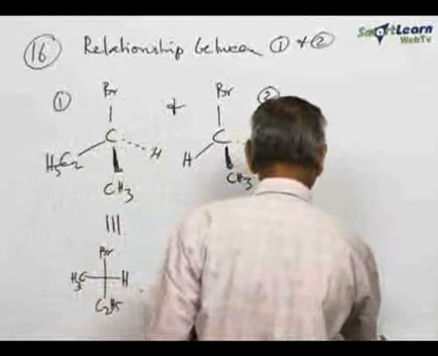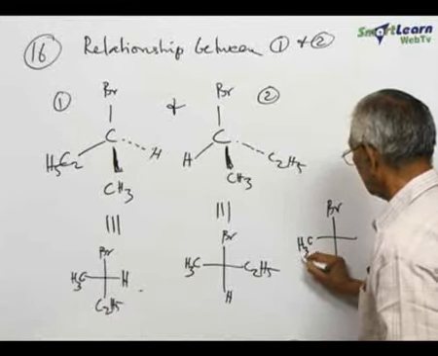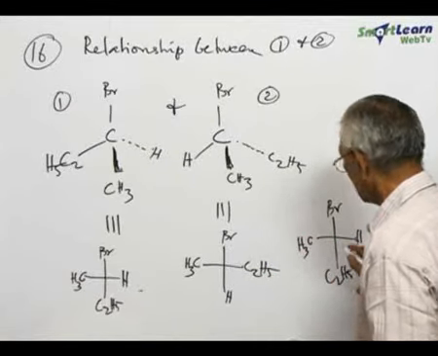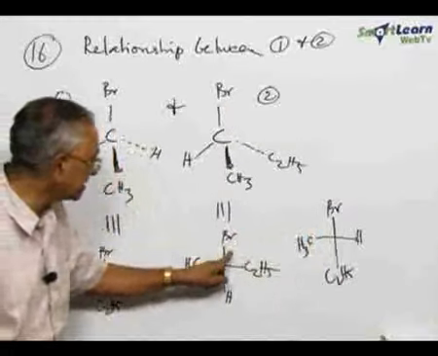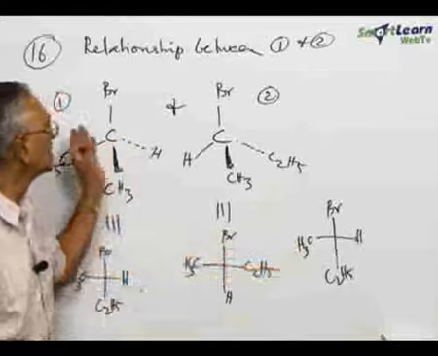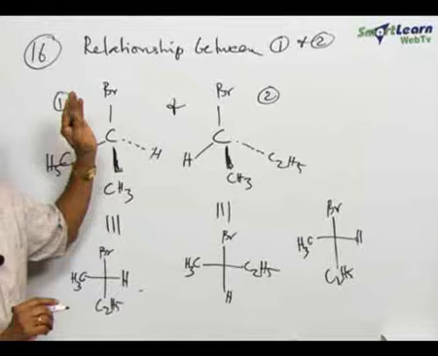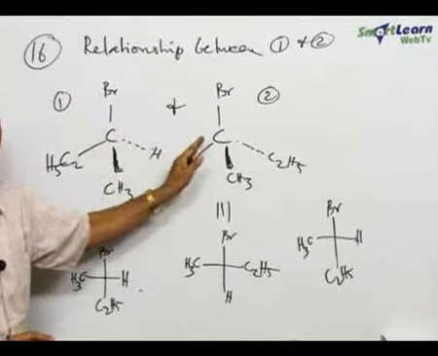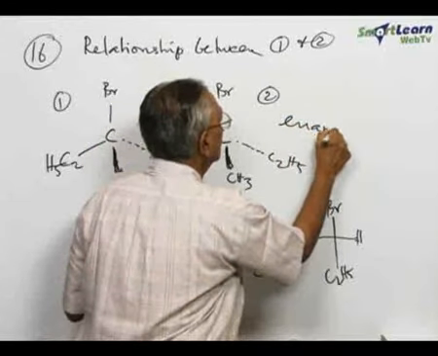All the things are the same except that: now bring the H here and the C2H5 here, and the two compounds are identical. This structure has been converted to this by one interchange. Therefore, the relationship between the two compounds is that they are enantiomers. Even though they are presented in the wedge projection, 1 and 2 are related as enantiomers.